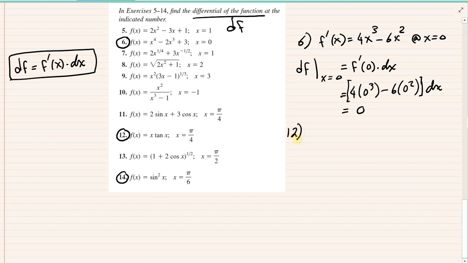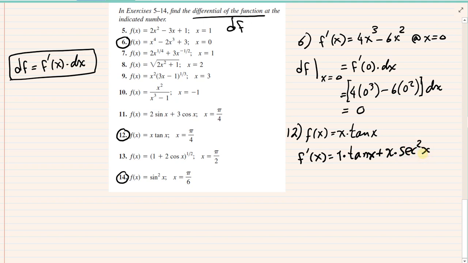In exercise number 12, again, this time f of x is x tan x. So for this one, we got to use the product rule, right, to find the derivative. We got to do f prime of x dx. True? So first, f prime of x, using the product rule: derivative of first times second plus first times derivative of tangent, which is secant squared.